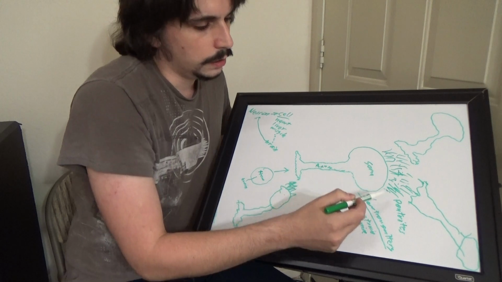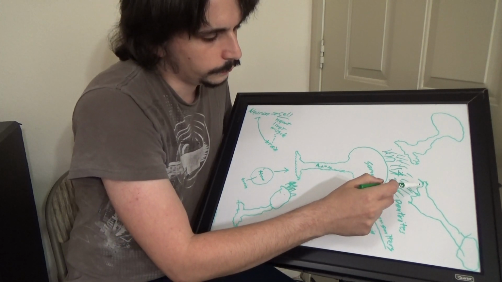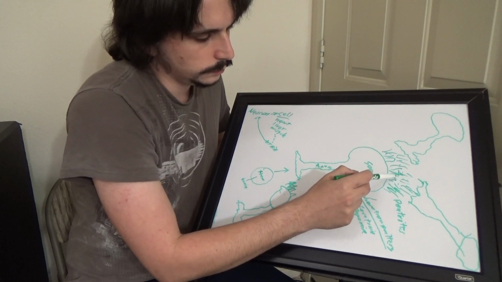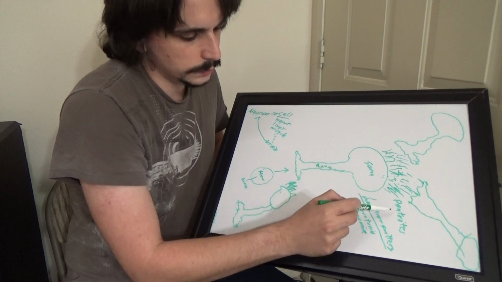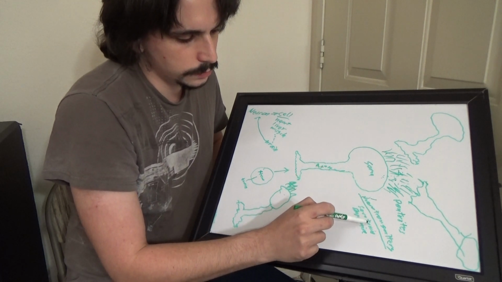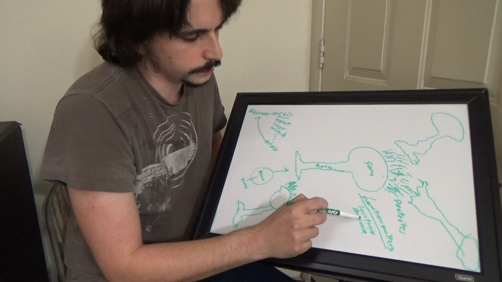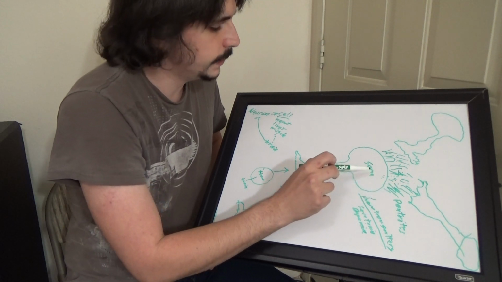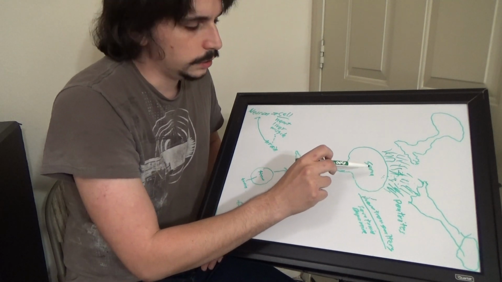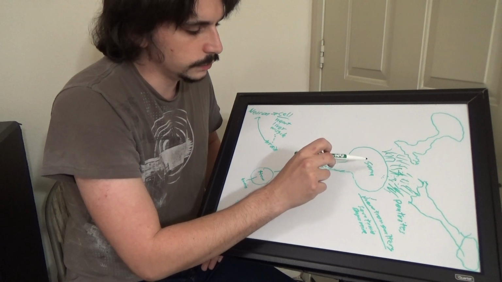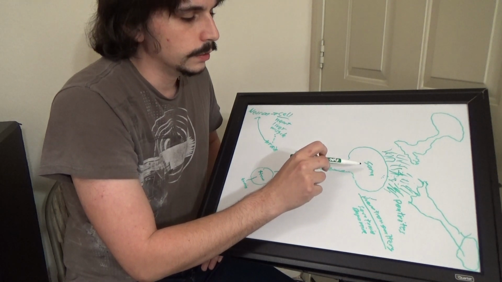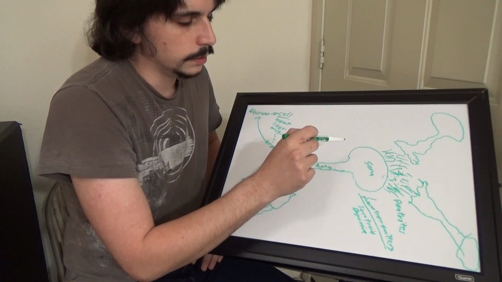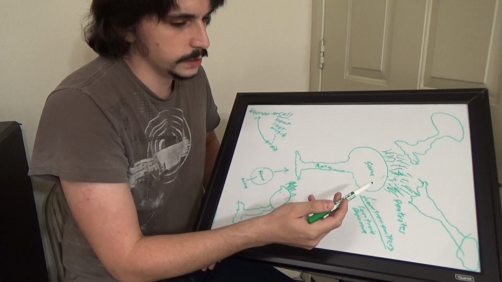And depending on which neurotransmitter the axon fires out, it changes the message to the receiving neuron of what's going to take place.